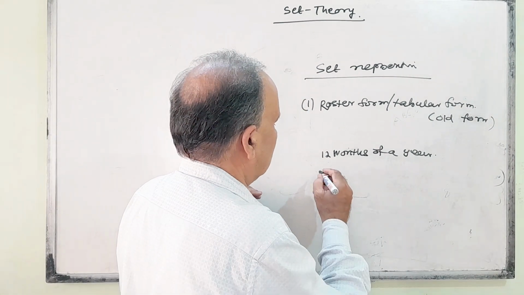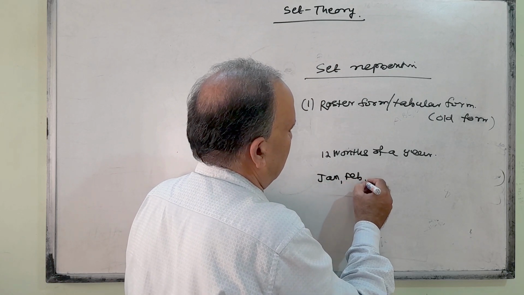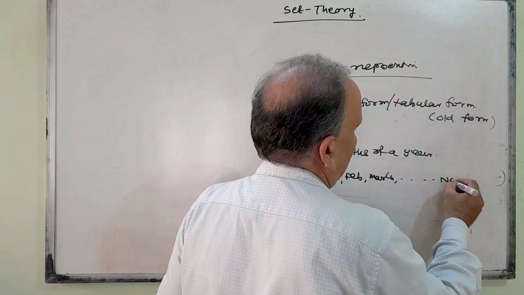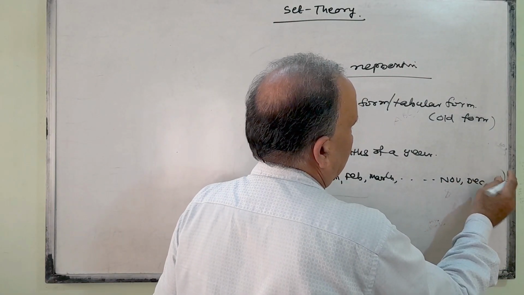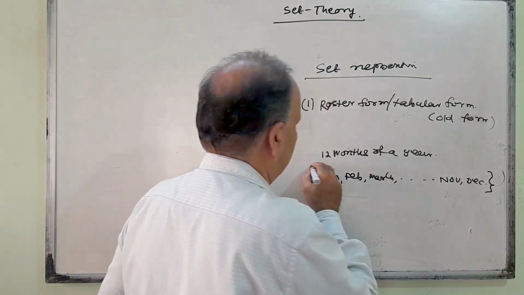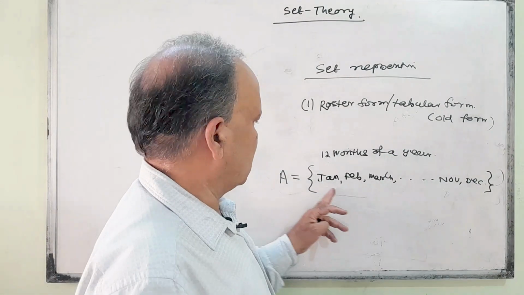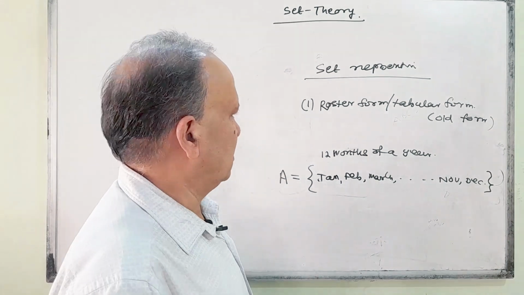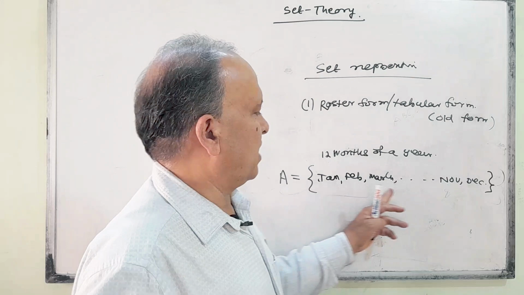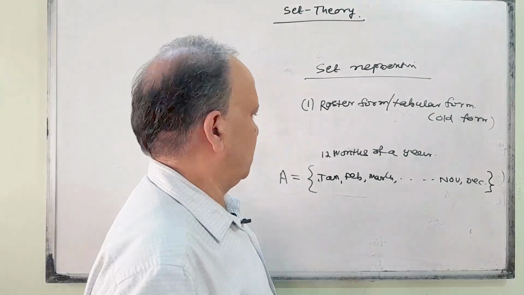You write like this: January, February, March, separated by commas, then November, then December. You write in a row, separated by commas, put curly brackets, and you name it, suppose like A, B, or X, Y, Z. This is the roster form.